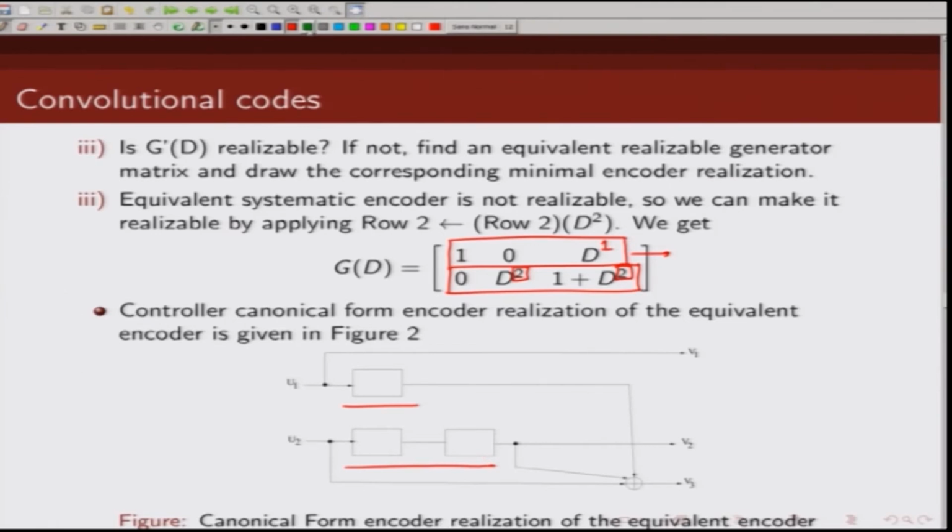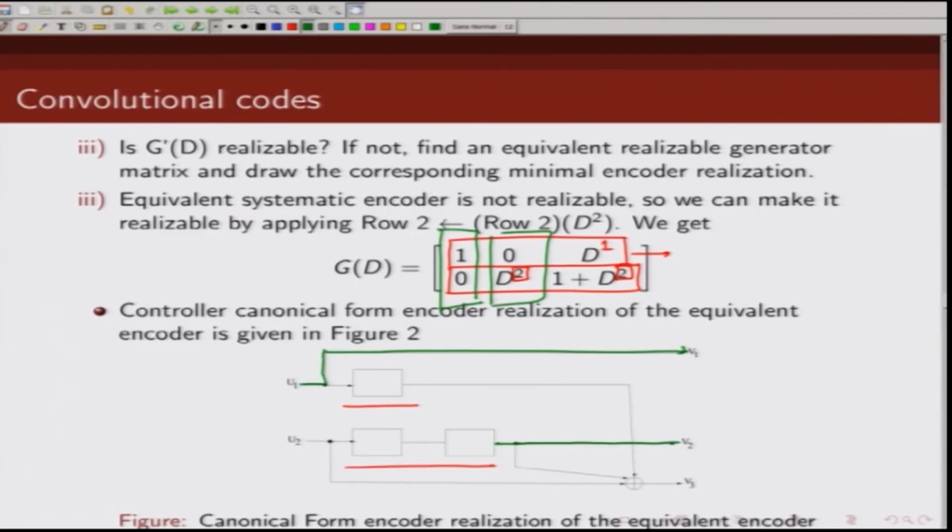And again, what are our outputs? There are 3 outputs. The first output is U1 times this, just U1. So, this is this. The second one is D square of U2, so that is just this term. So, this is my second output.